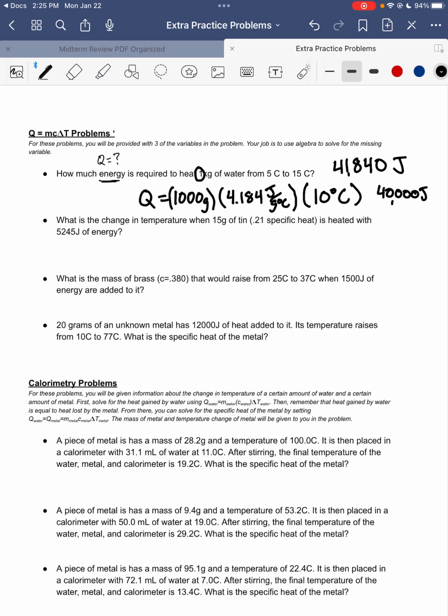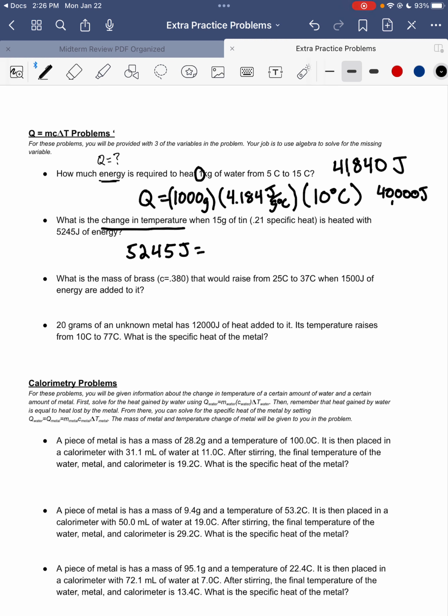Next. What is the change in temperature when 15 grams of tin with a 0.21 specific heat capacity is heated with 5,245 joules of energy? Okay, this time I am asked for the change in temperature, so I'm going to be solving for delta T, and I should have all my other variables. My Q is going to be how much energy I have, which is 5,245 joules.